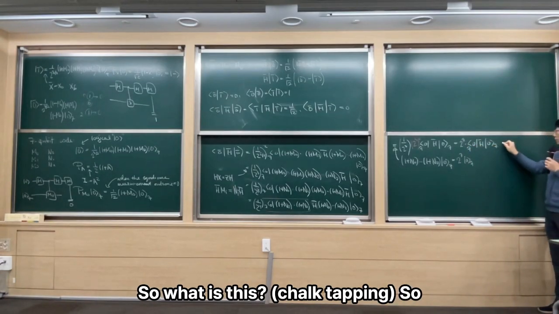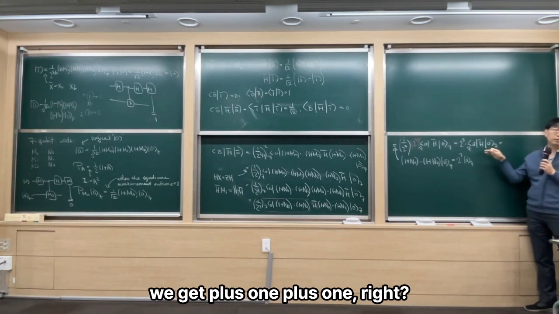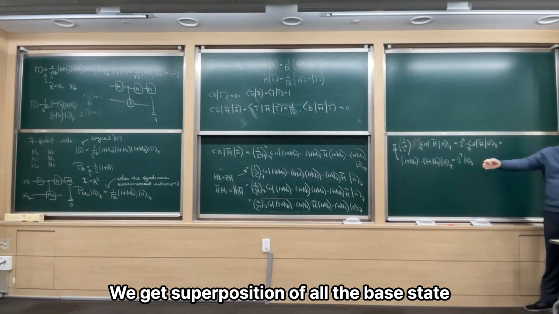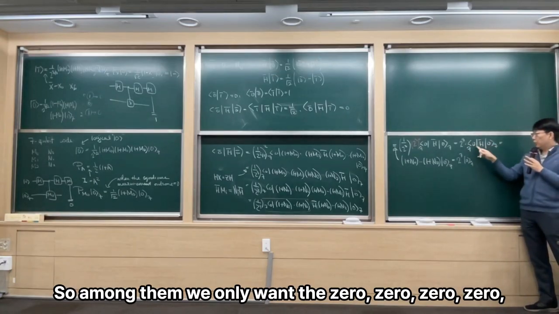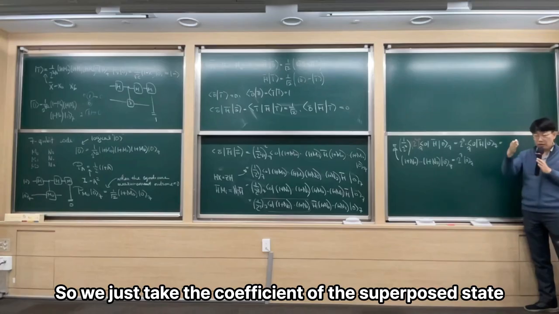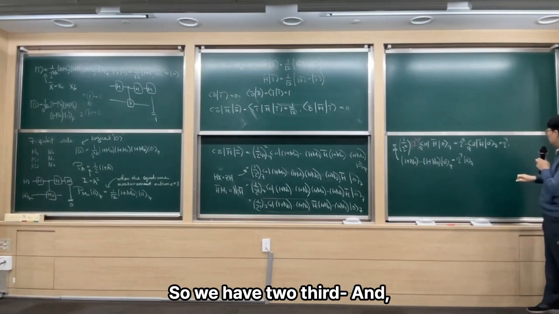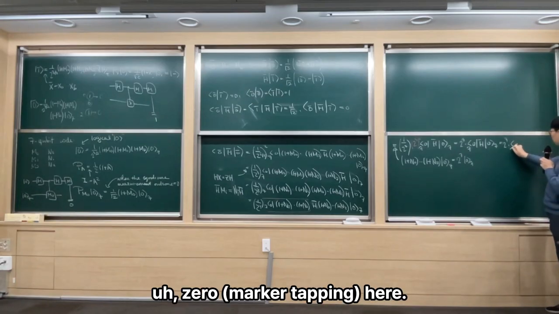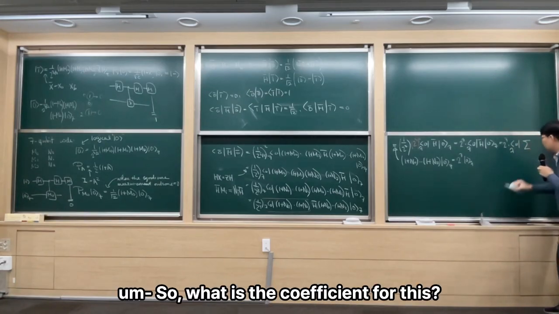So what is this? So when we apply the Hadamard gate on 0 cat, we get plus 4, right? We get superposition of all the basis states with the same coefficient. So among them, we only want the 0, 0, 0, 0, 0, and take the inner product. So we just take the coefficient of the superposed state of the 0 cat, right? So we have 2/3 and 0 here.